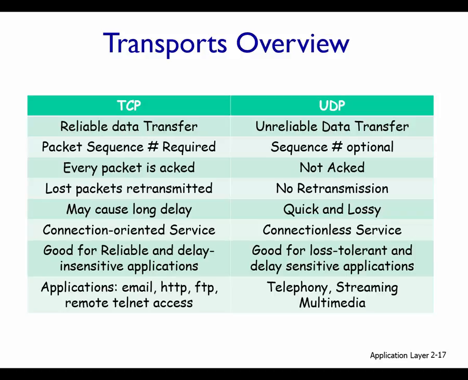This is an overview of what we just talked about. I'm not going to go through it. You can go back and take a look at a copy of this lecture in the initial material, but this summarizes what we just talked about.